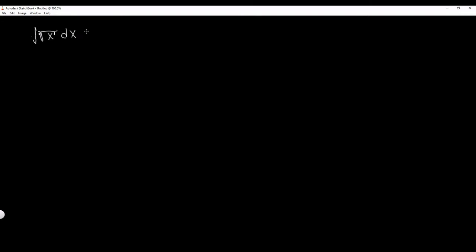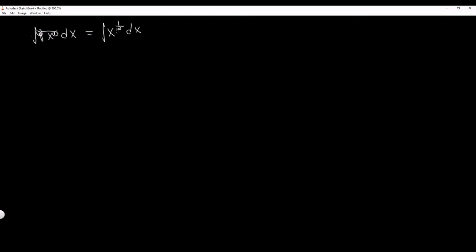So we could rewrite this by saying the integral of x, and we do this by taking the power of the radicand, which is right here, 1, divided by the index, 2. So x to the 1/2 is the same thing as the square root of x dx.